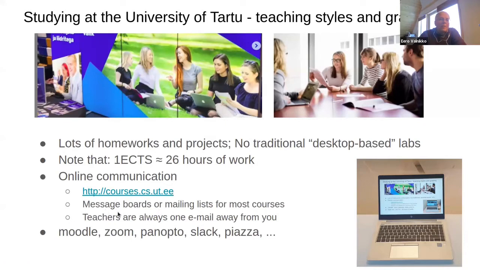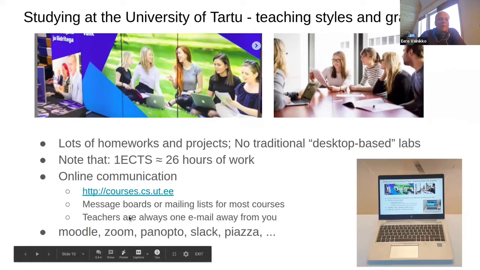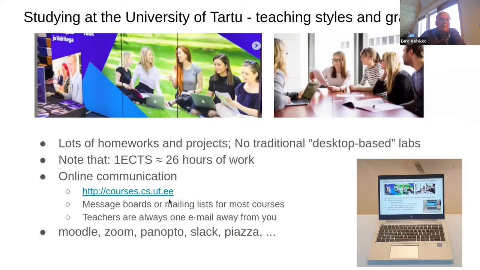But all the courses also use all kinds of message boards, mailing lists, and especially with the current COVID situation, all kinds of online teaching is used quite a lot. Of course, we would like to return quickly to the normal mode of teaching and studying.